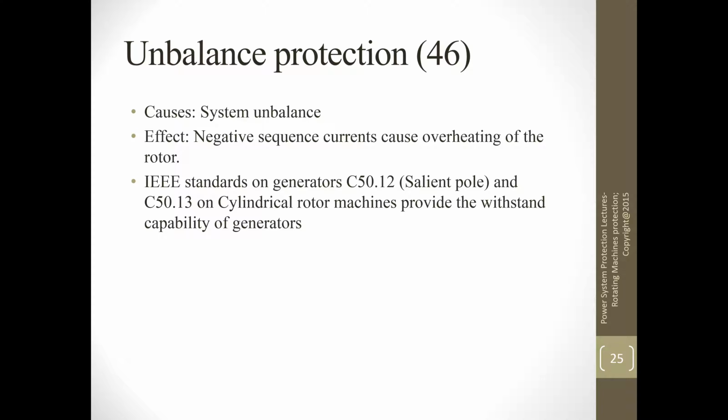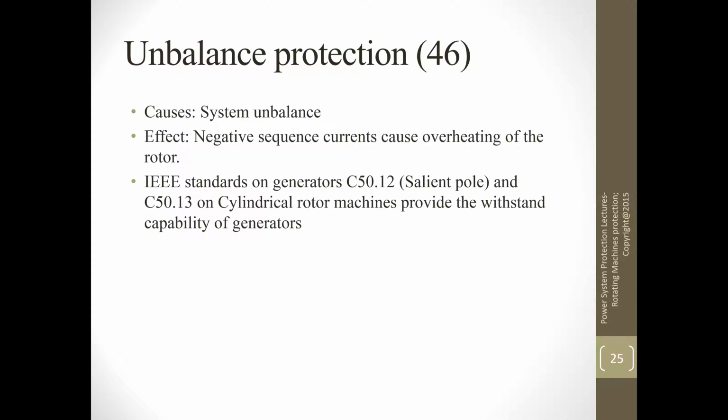Unbalanced protection: if there is a system unbalance, it causes negative sequence currents to flow, and this causes overheating of the rotor. The rotor is rotating in the counterclockwise direction at synchronous speed, 60 hertz, and then you have a negative sequence input on the stator, which is rotating in the clockwise direction at 60 hertz. So it induces currents at double the frequency on the rotor.